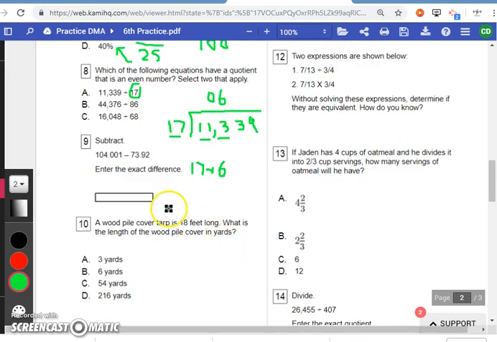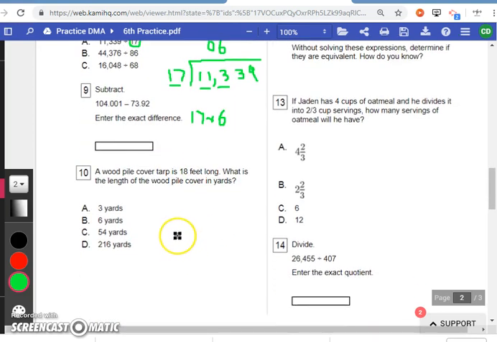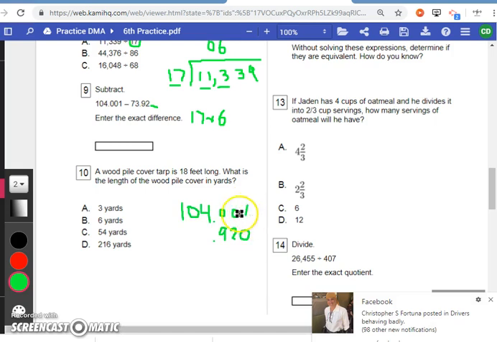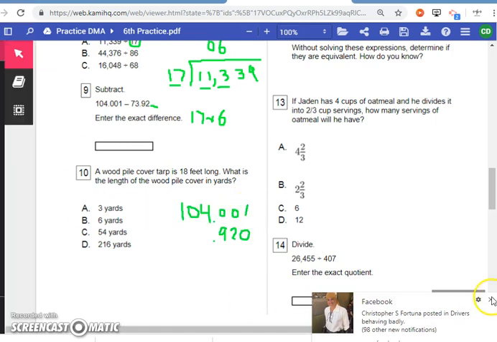Number 9, when you are subtracting decimals, write it out vertically. 104.001. Really pay attention to that decimal. I'm going to start with the decimal right here, and then I'm going to put my 9/10, my 2/100ths, and then I'm going to add a 0 or place a 0 in the thousands place. That missing place value. Why? Because 104 and 1/1000th is representing this place value.